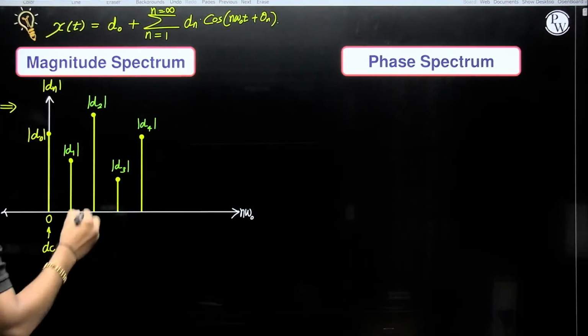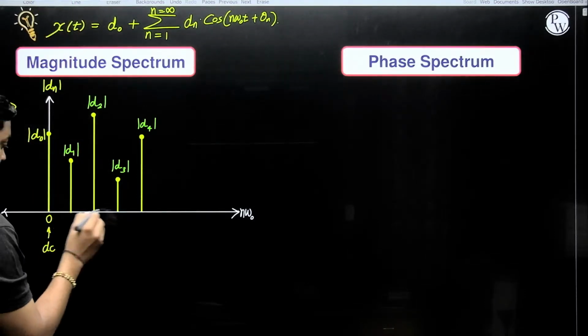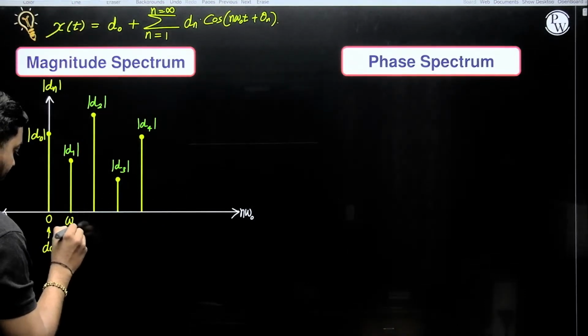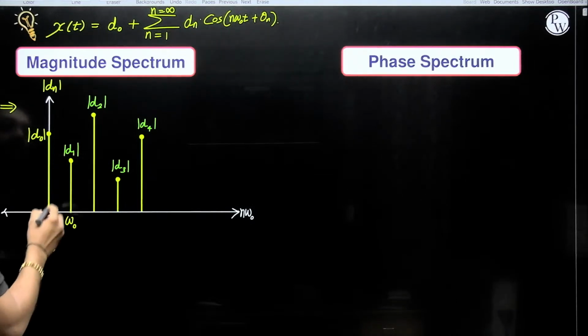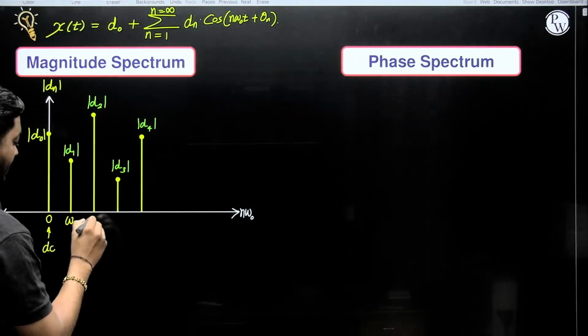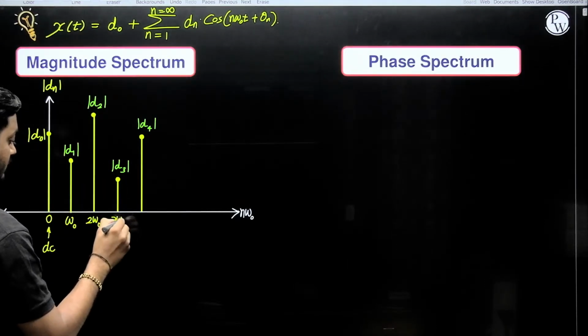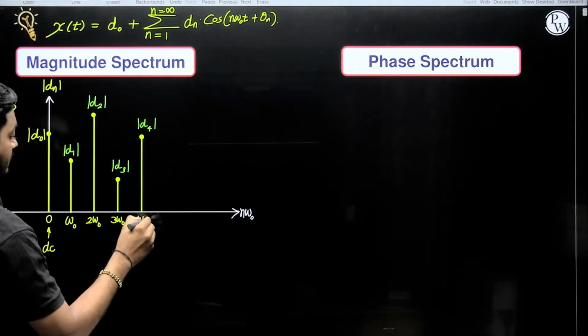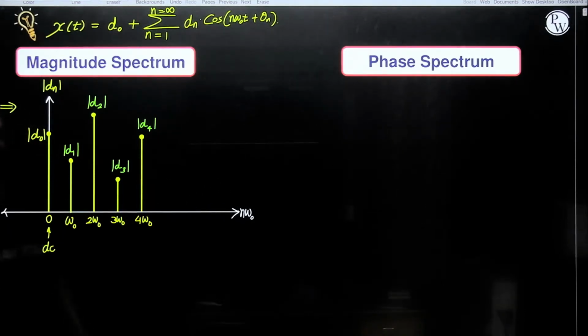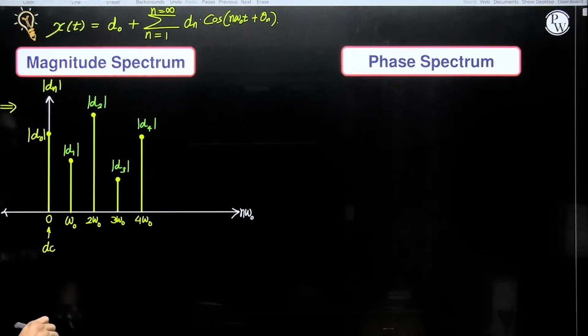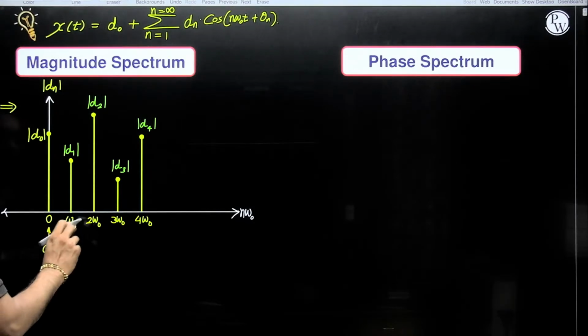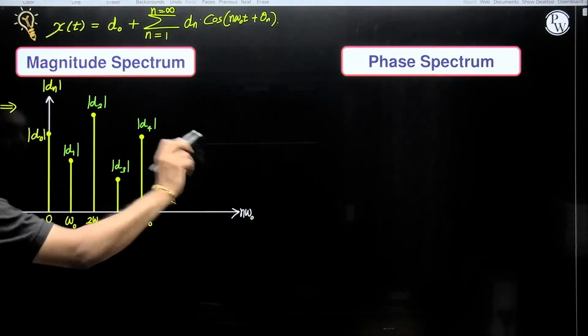So this is the first frequency, the first harmonic, n equal to 1 and omega 0; n equal to 2, second harmonic, 2 omega 0; 3 omega 0, 4 omega 0. This is the right side only. N starts from 1 to infinity. N equal to 0 is DC, n equal to 1, 2, 3, 4, and so on, guys.